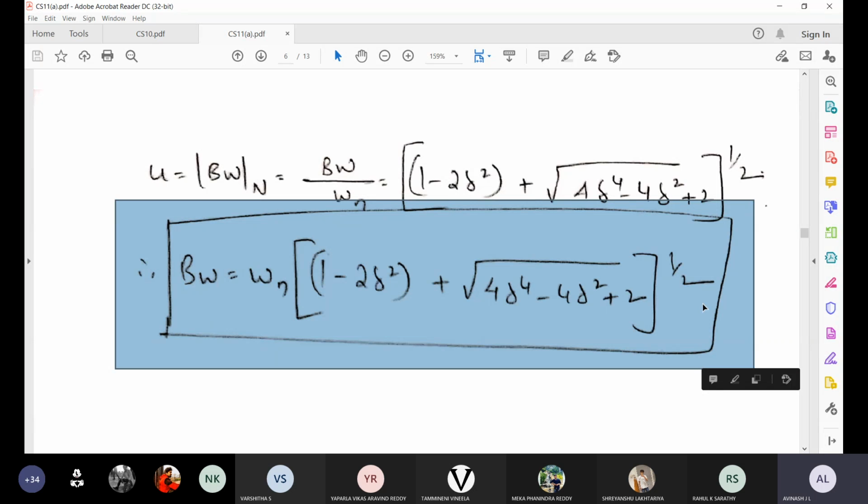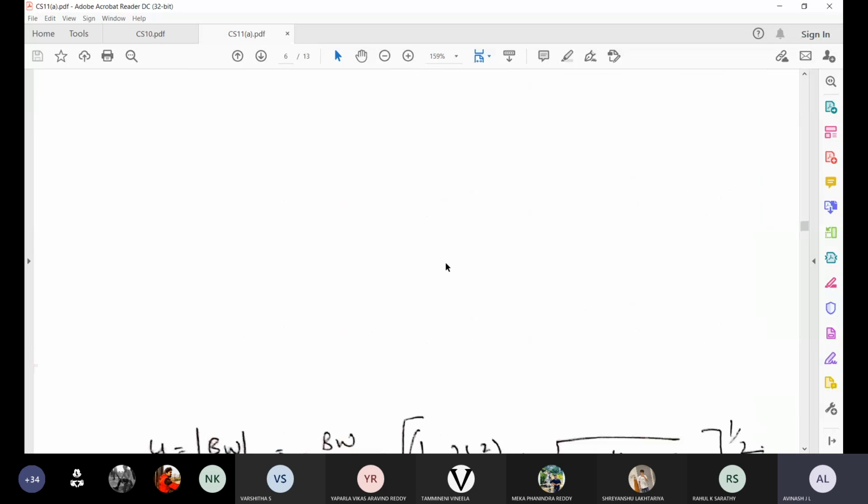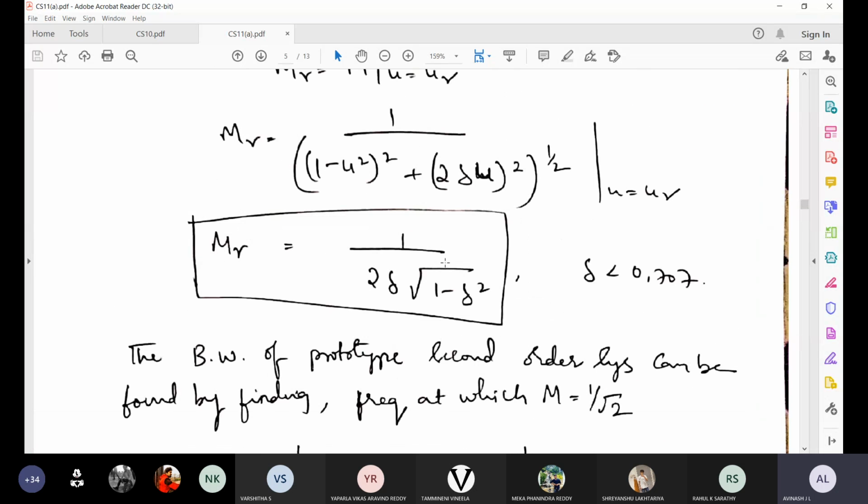For this equation, you can go through the derivations, and if you find any difficulty, please ask me. Please write the equations down so that we can go for the numerical analysis. So the bandwidth equals that equation, and M_R equals that equation.